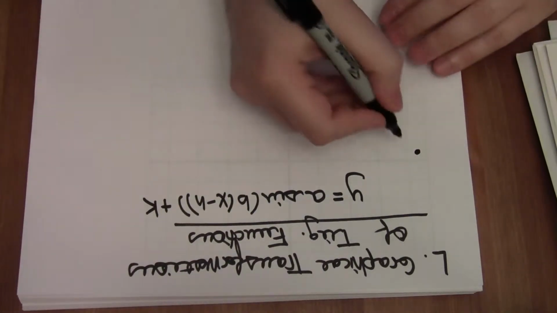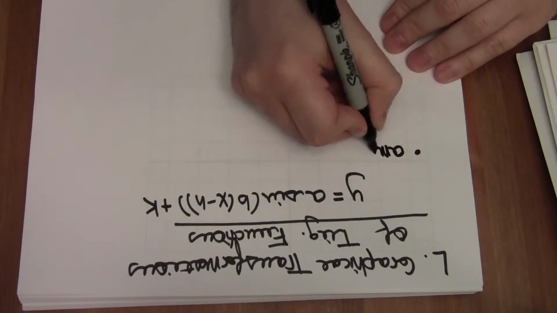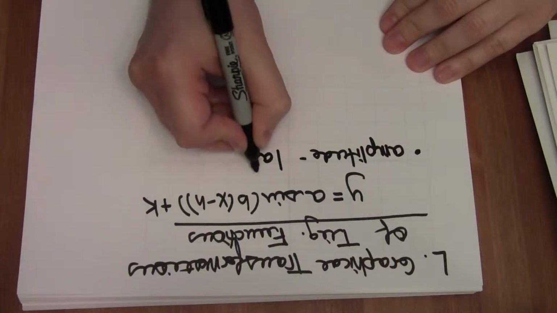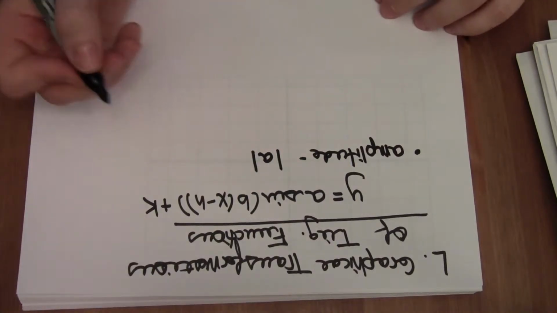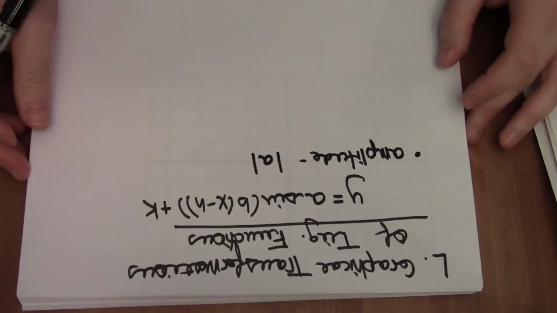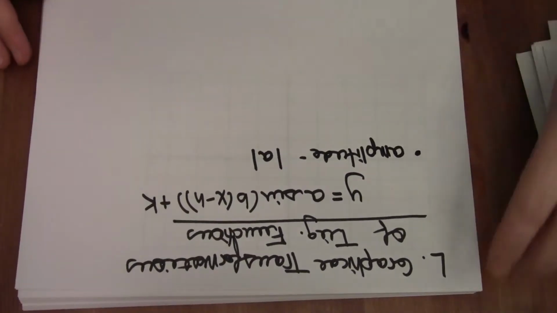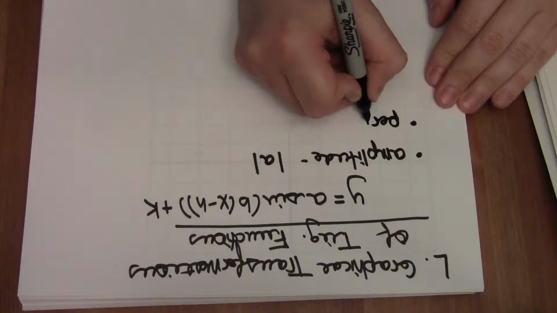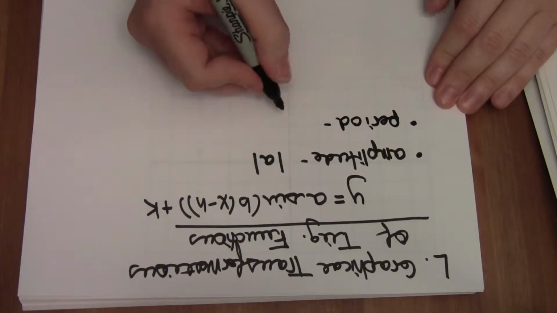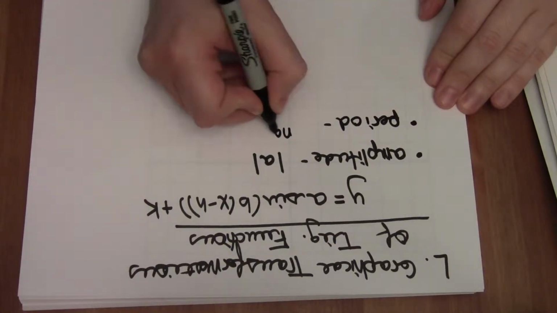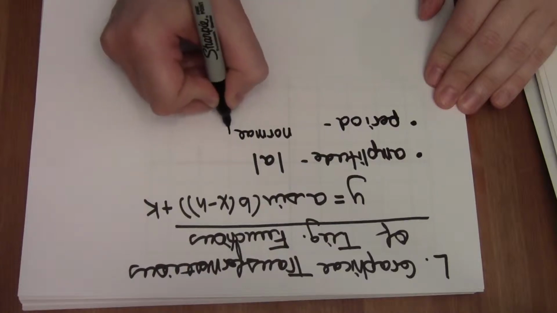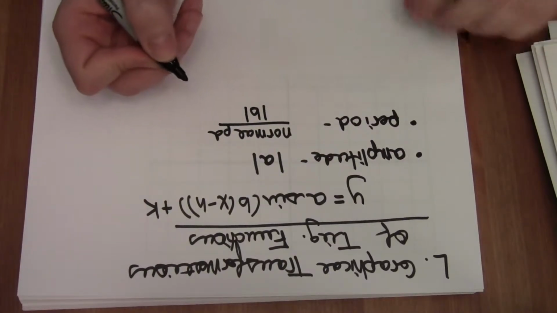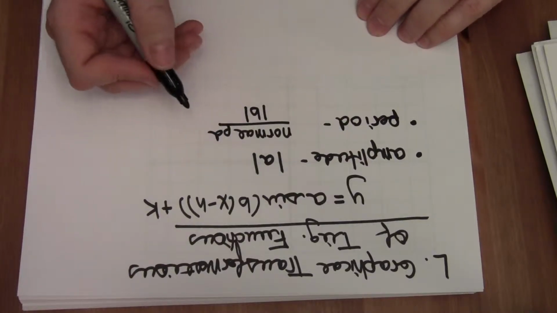For a sine or cosine graph, the amplitude will be the absolute value of a. In a tangent or cotangent or secant or cosecant graph, the a value will just give us our vertical stretch. The period can be found by doing the normal period divided by the absolute value of our b value.